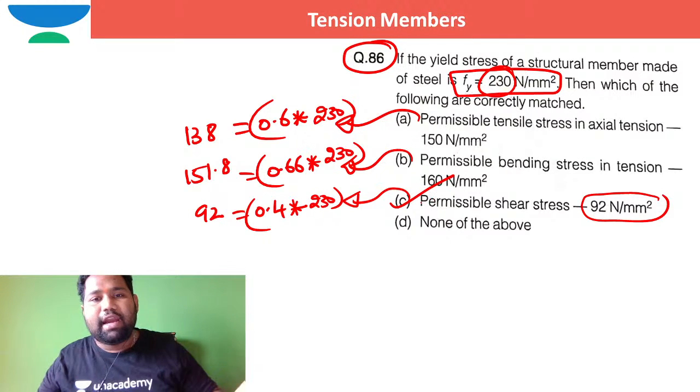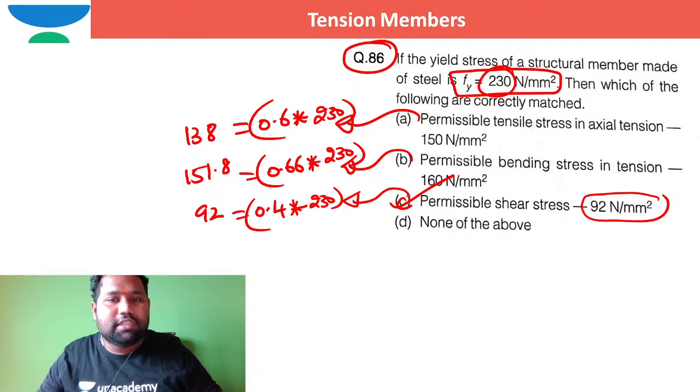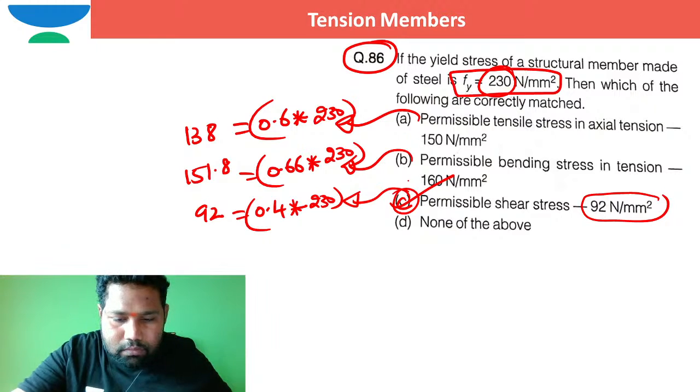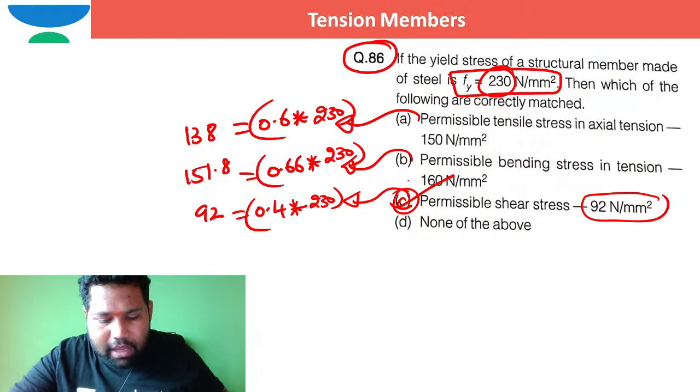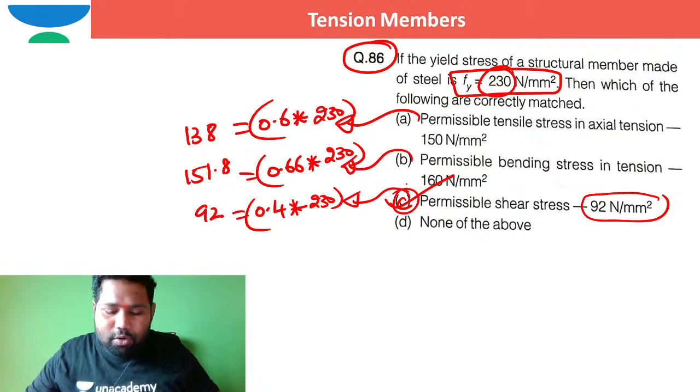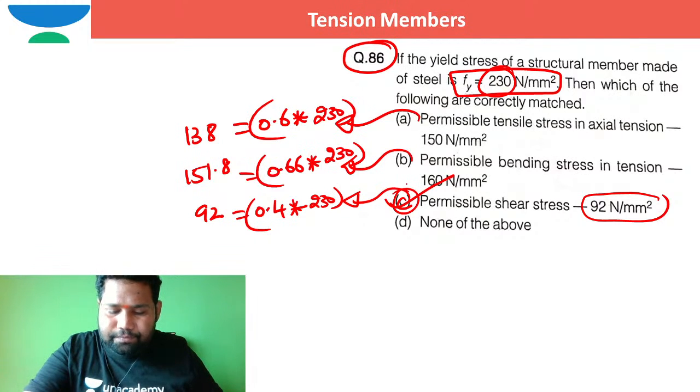Correct option is C. Is that okay, Sudeep Gautam, Arjun Yadav, Dharma Railway, or any other person who is online? Can I move to the next question?